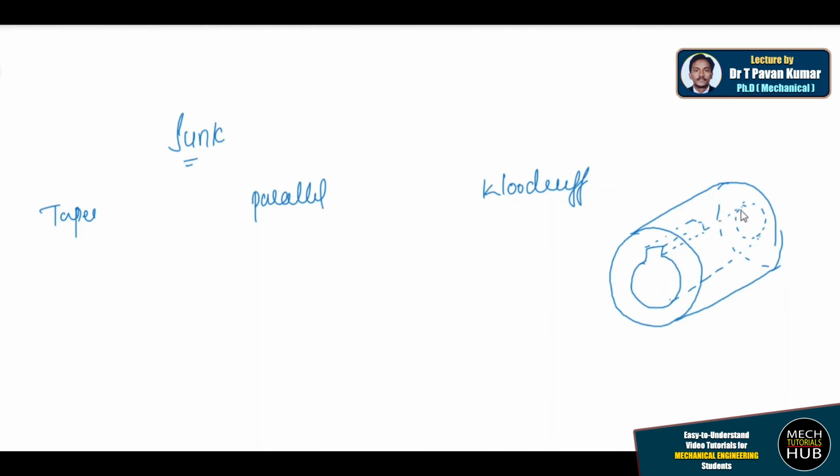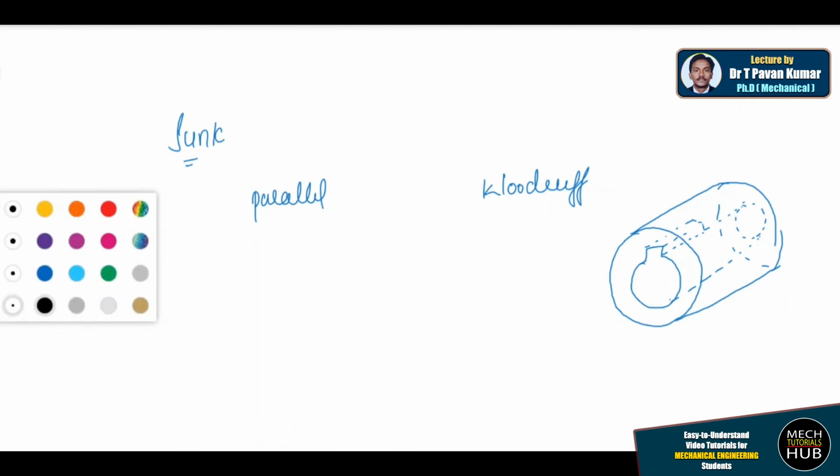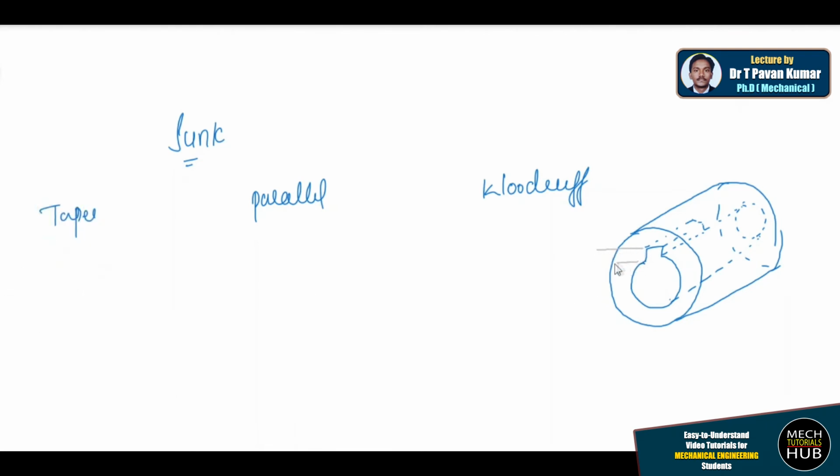Try to understand. Whatever thickness I maintain here is going to be only T by 2. If the thickness of the key is 10 mm, then you are supposed to take 5 mm groove here. Similarly, if I consider a shaft, remember the internal diameter of the hub is equivalent to the external diameter of the shaft.